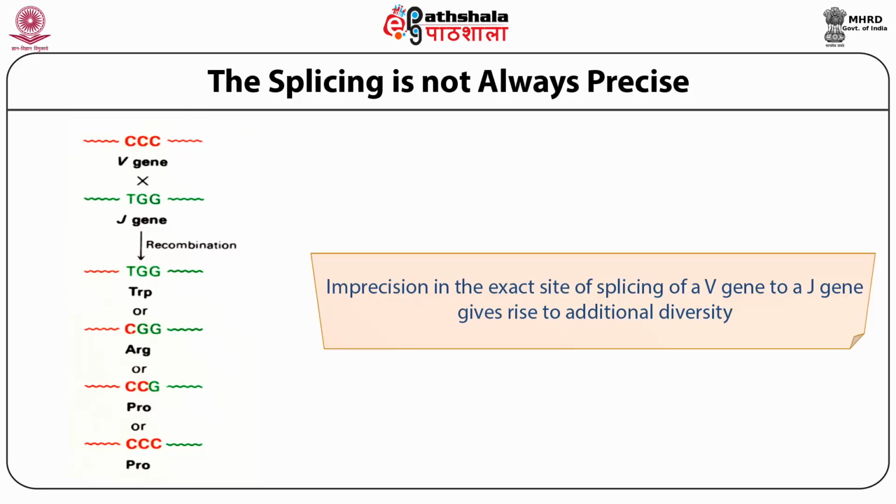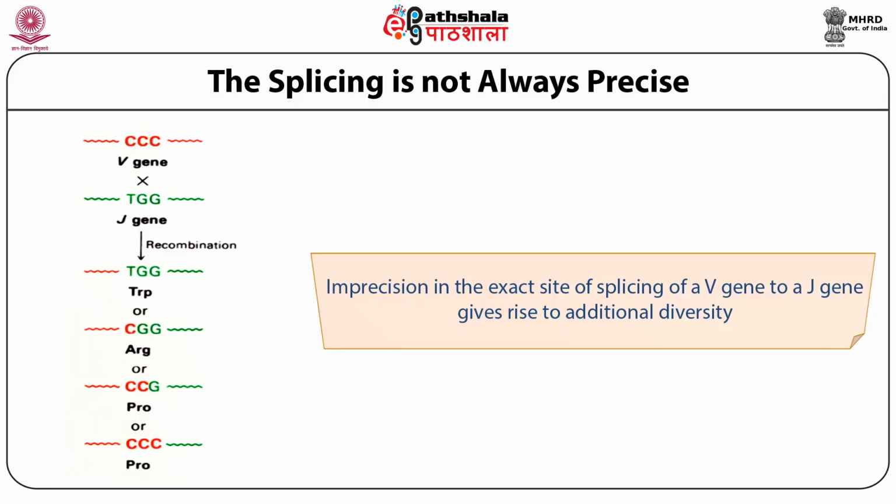If the recombination leads to TGG, that means that nothing is contributed by the V gene part of it, then this becomes a codon for tryptophan, or we may get as a result of recombination CGG, which becomes a codon for arginine.